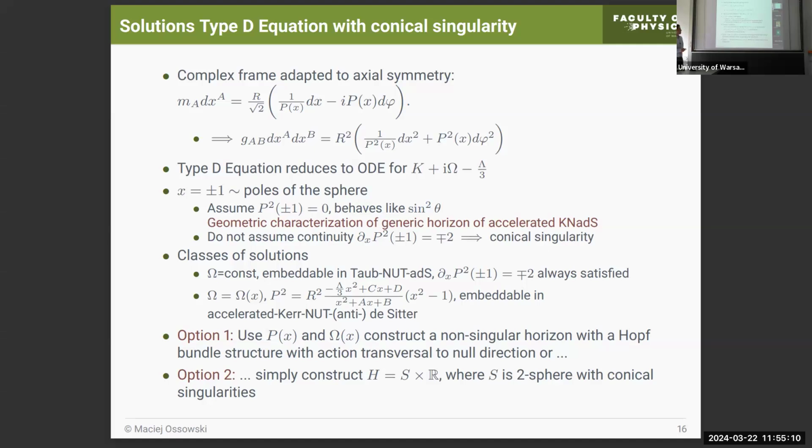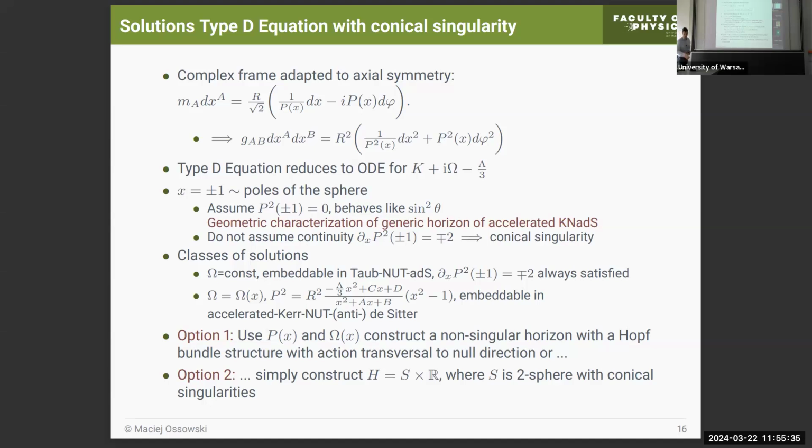And it turns out that this condition is actually everything you need to characterize those horizons. However, we do not assume continuity, which is usually given in terms of the derivative of P taking some particular values. So we allow for S to have conical singularities.